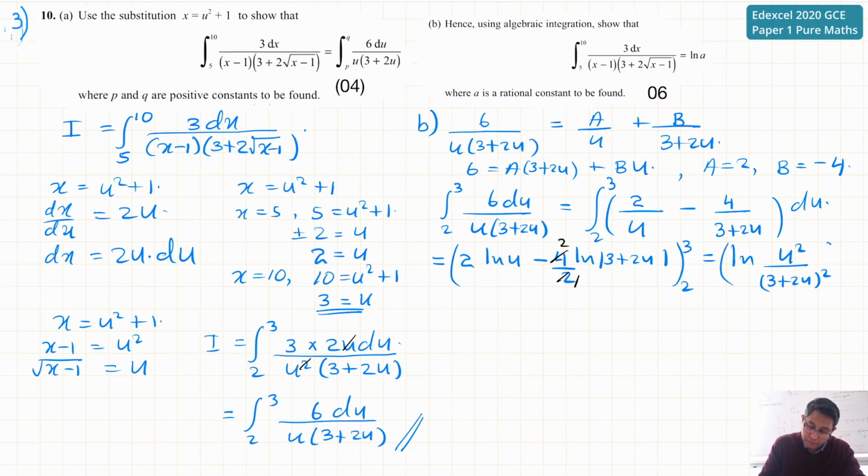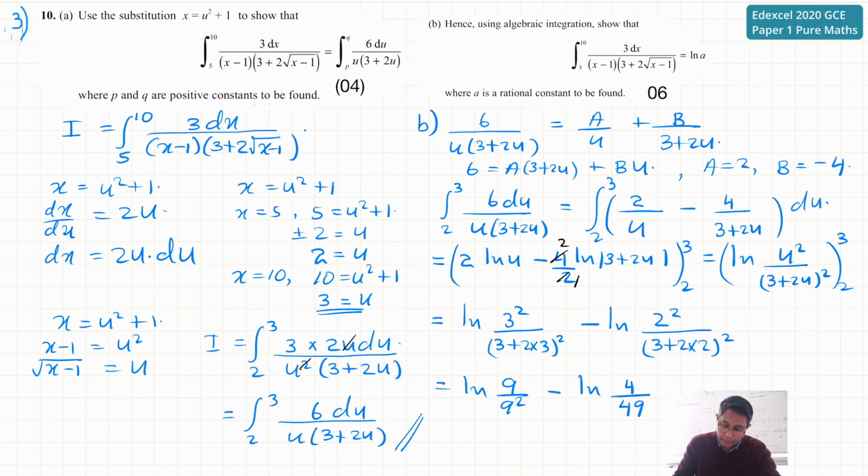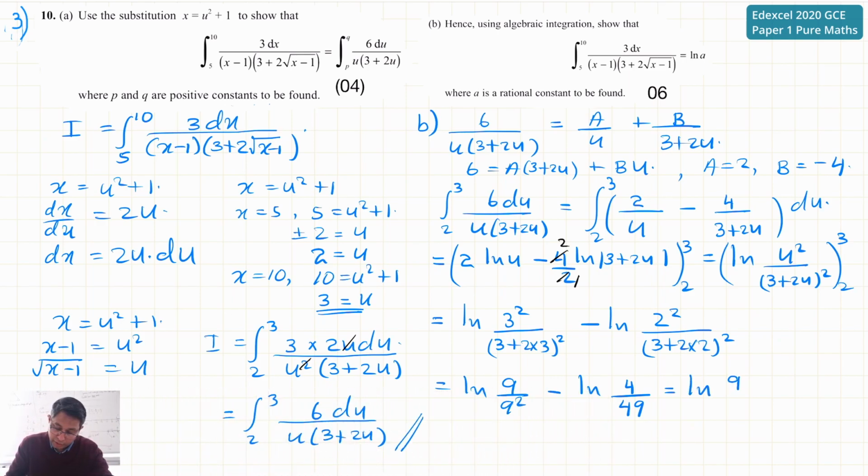We have limits 2 to 3. Substitute limits to the function. This equal to ln 9 over 9 square minus ln 4 over 49. Again, you can write this as a single logarithm. When you simplify this, you would get ln 49 over 36. And you can see a is equal to 49 over 36.